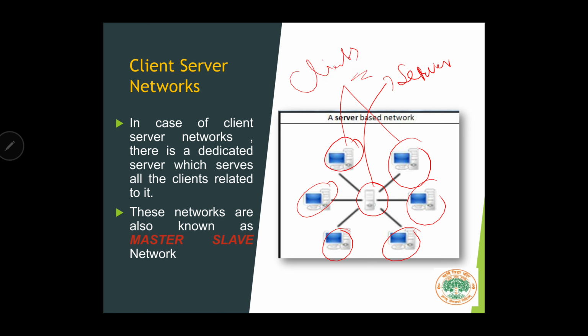So here the central node's work is to work only as a server, and the other nodes' work is to serve only as clients. So here the tasks are distributed. So this type of network is also known as your master slave network.